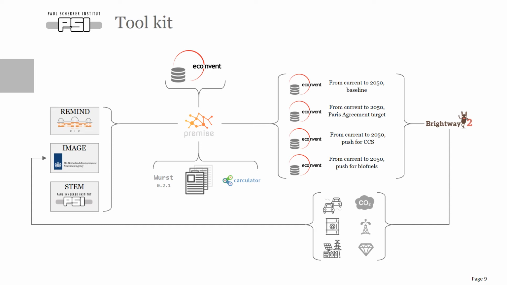So we could have, for example, an EcoInvent database for any time in the future, usually between today and 2050, with, for example, a baseline scenario where nothing much is done for the environment. Let's put it that way. But we could also have an EcoInvent version of the future where, for example, everything is done to respect the Paris Agreement targets.